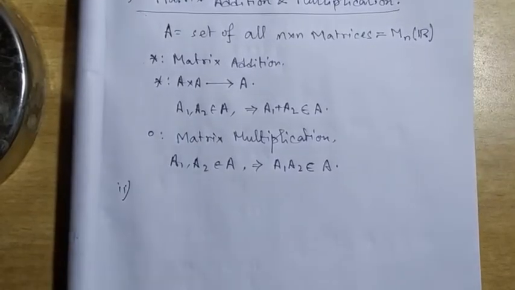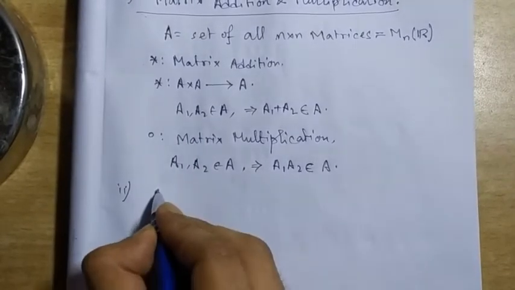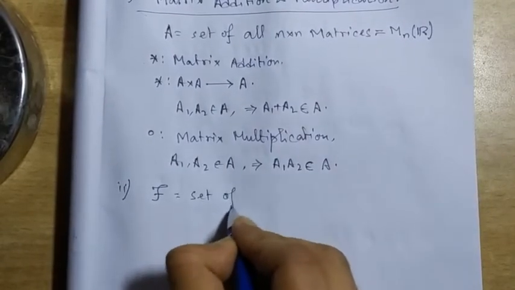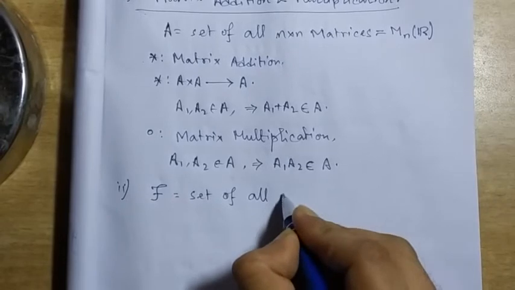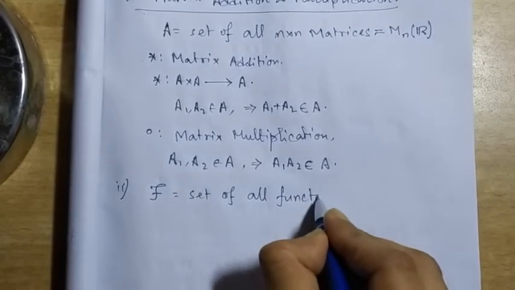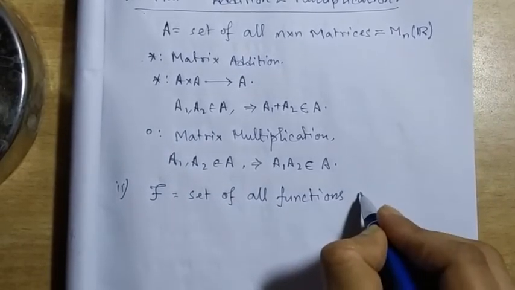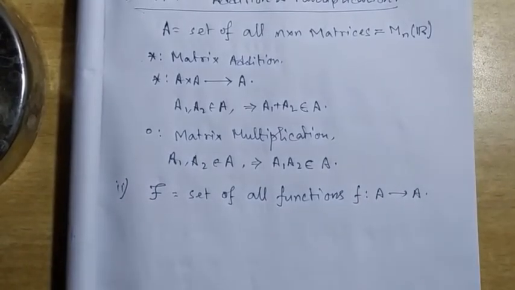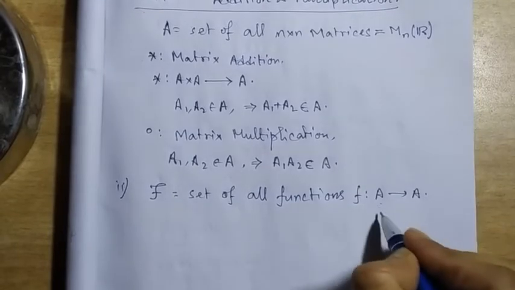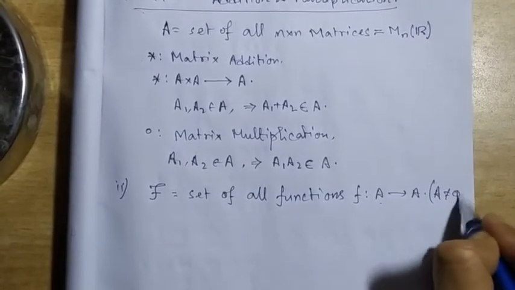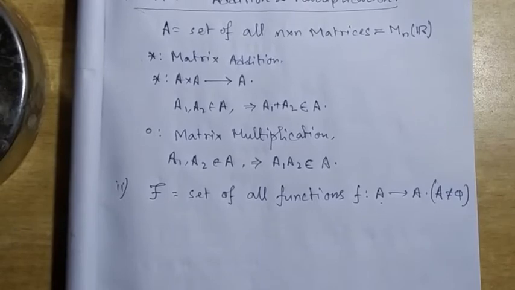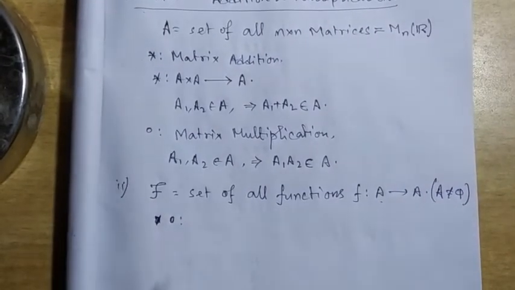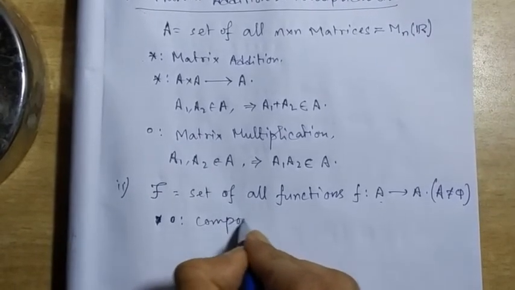Another important example is, say we are taking F to be the set of all functions f from some set A to A. Here A is a non-empty set. Then we are defining the binary operation star, or say binary operation composition, as the composition of two functions.